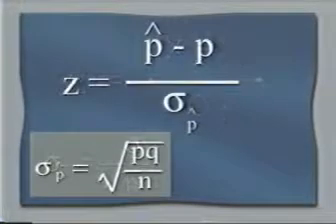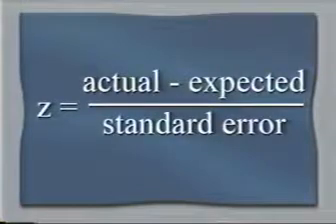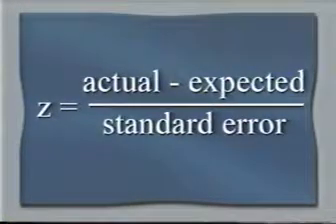Or if we were doing proportions, that would be p hat minus p divided by sigma p hat. But the key thing to notice here is the z is always the actual minus the expected divided by the standard error. We are touching on only two types of hypothesis tests. There are many types of hypothesis tests, but when you're using the z-table, it's always the actual minus the expected divided by the standard error.